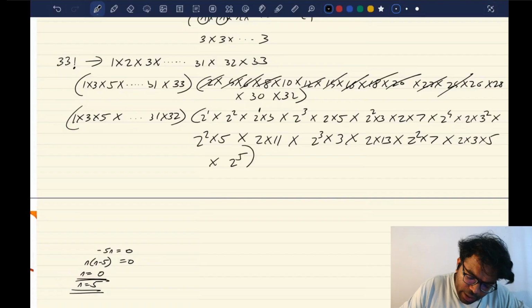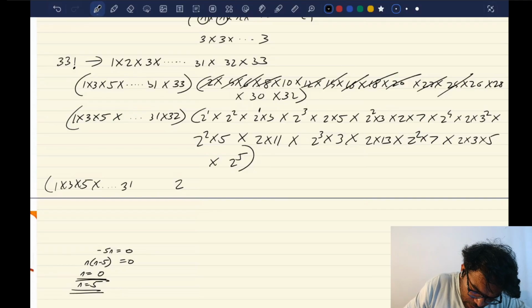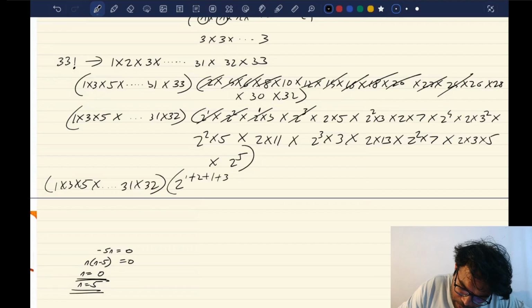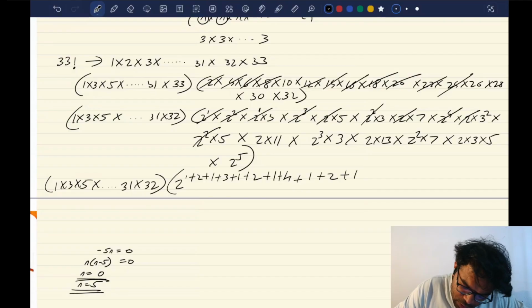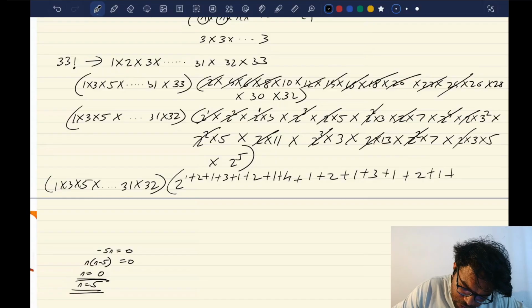And 32 is 2 to the power 5. Now, the powers of 2 add up: 2 to the power of 1 plus 2 plus 1 plus 3 plus 1 plus 2 plus 1 plus 4 plus 1 plus 2 plus 1 plus 3 plus 2 plus 1 plus 2 plus 1 plus 5.